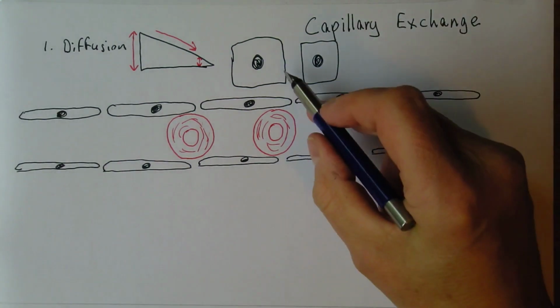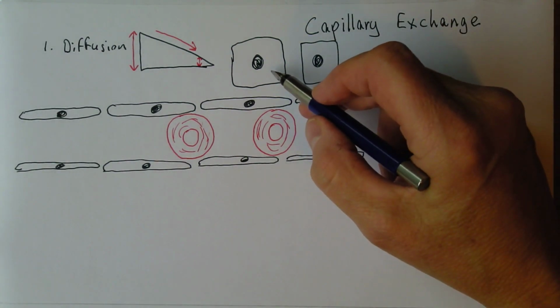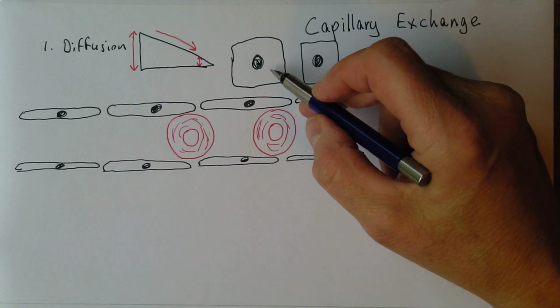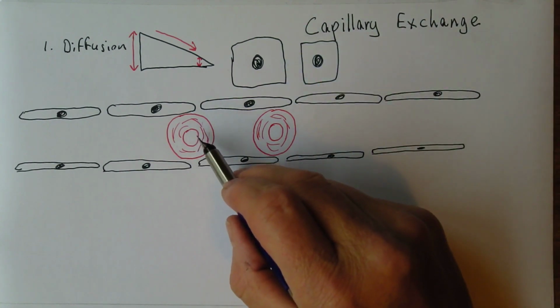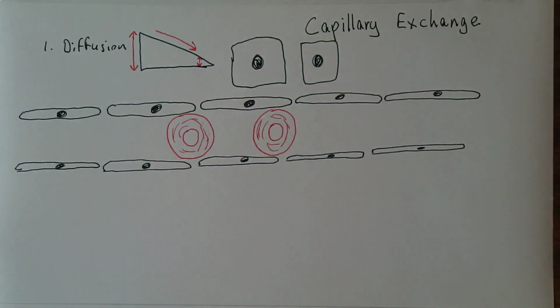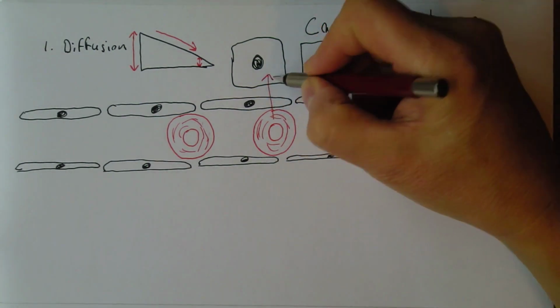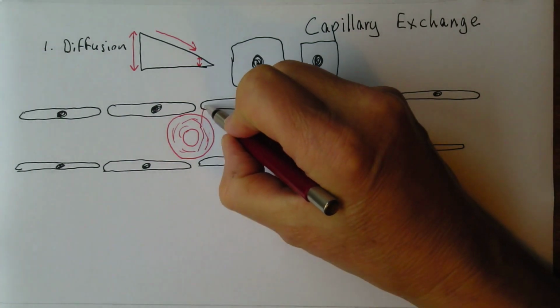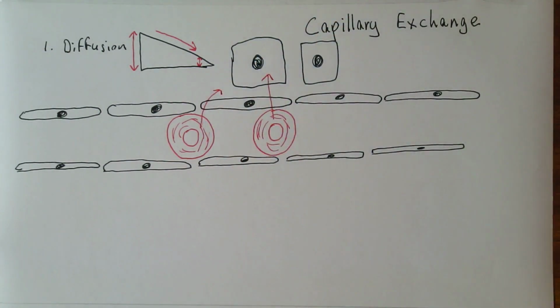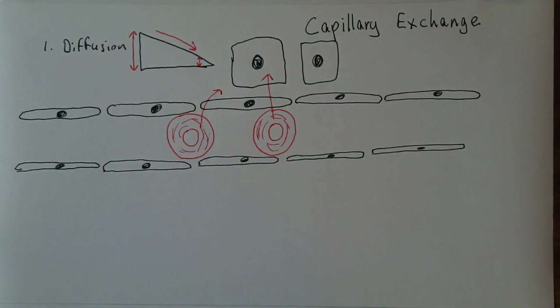So as these cells use up the oxygen, the concentration of oxygen in these cells goes down. But the concentration here is relatively high. So the simple diffusion of the oxygen first into the tissue fluid, because remember this whole area is surrounded by tissue fluid.